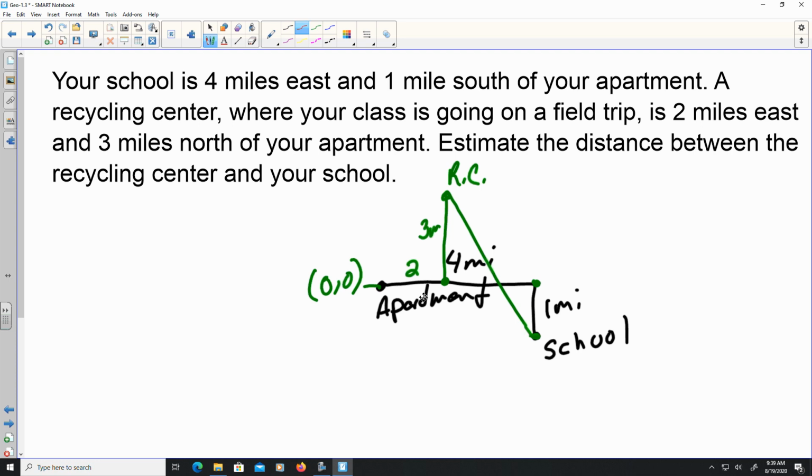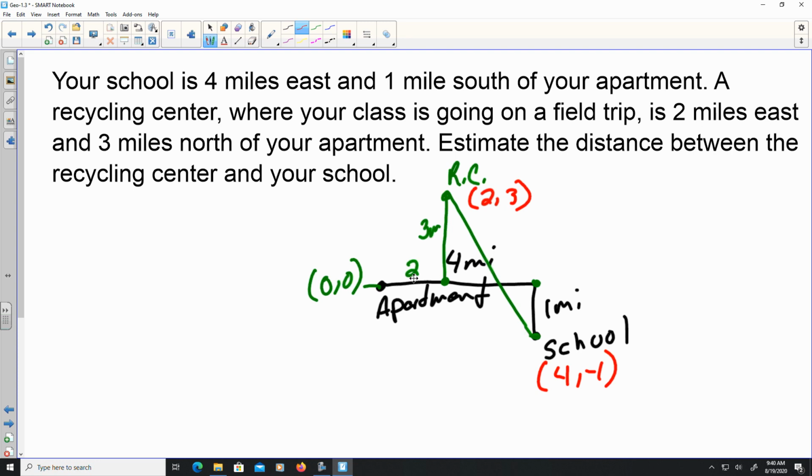So the point for the recycling center would be 2, 3. And the school would be coordinate 4, -1.